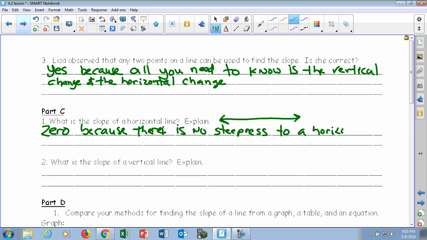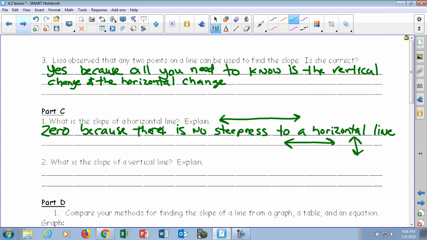It doesn't go up, it doesn't go down. It just goes left and right. A horizontal line goes this way. It never goes up and down. That's vertical. So a horizontal line never goes vertical.